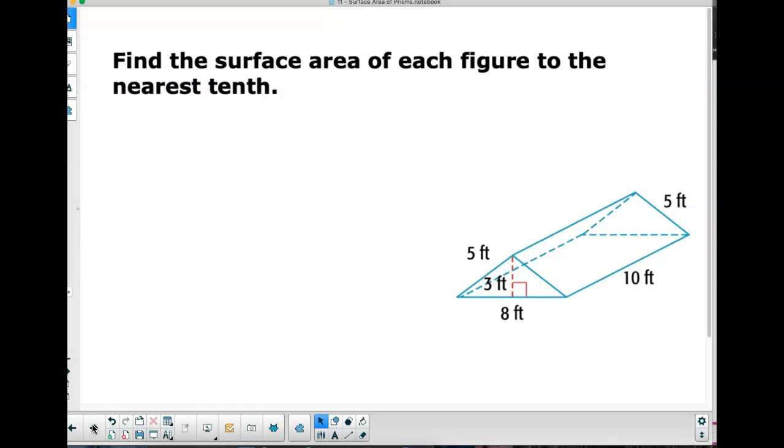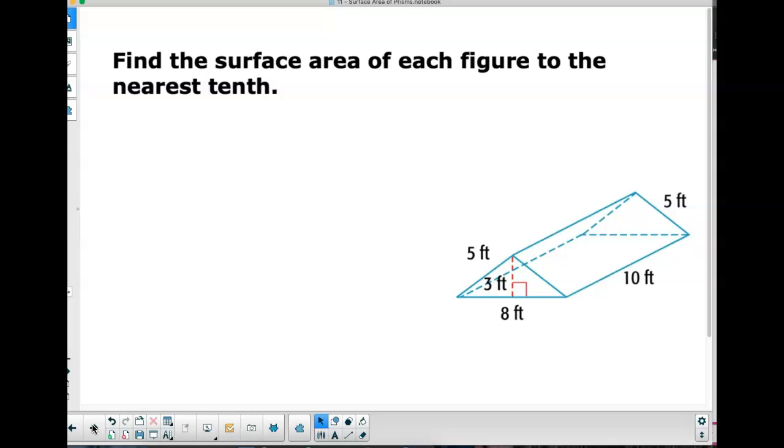What shapes do we have here? Triangles and rectangles. Okay. How many triangles are there? Caleb. 2. Are the triangles exactly the same? Yeah, remember in a triangular prism they have to be, right? Because the triangles make up the bases, so they have to be identical.